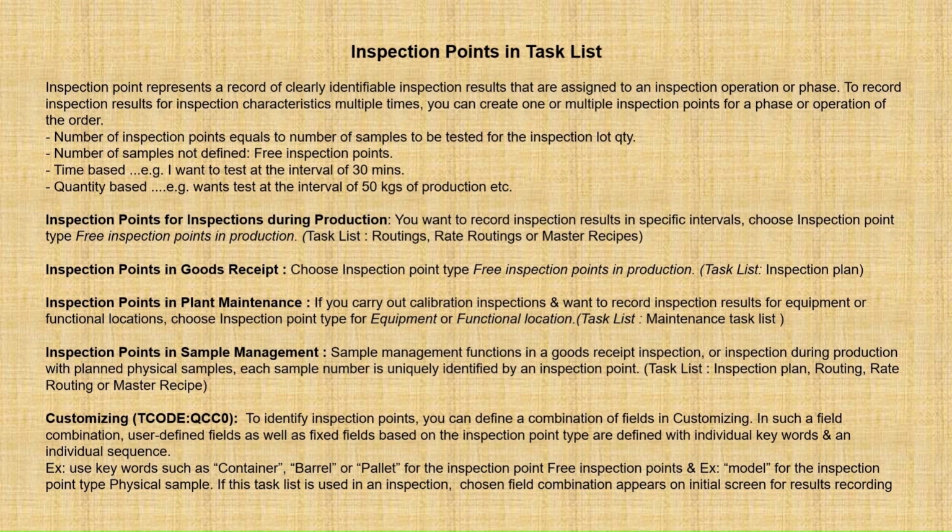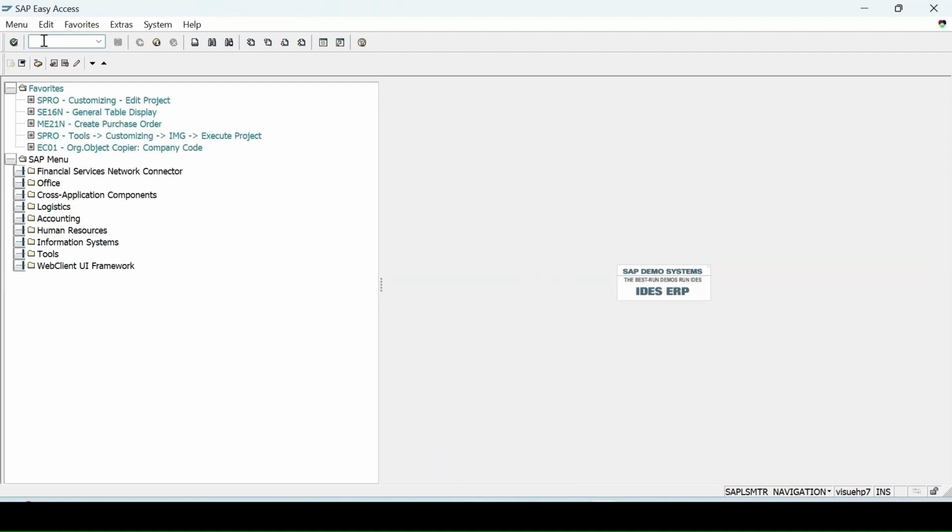That only we will be assigning our MICs, the sampling procedure, and if required, the inspection points. We can assign it in the routing and we can specify the split, like whether we want to add the inspection point quantity wise or time based, or if it is a free inspection point.